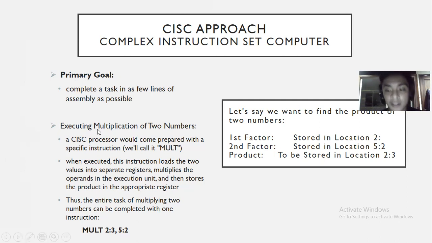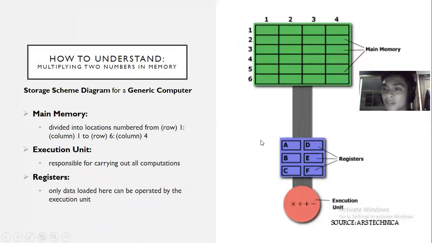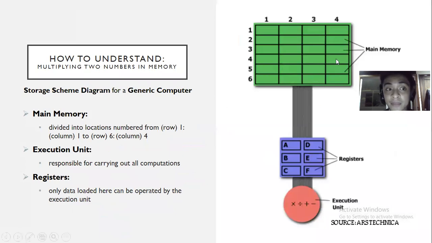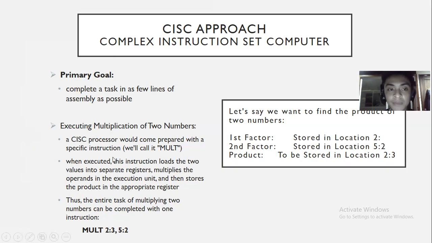But first, why do we have to understand the storage scheme diagram? One way to explain the major differences between CISC and RISC is by executing the multiplication of two numbers using this diagram. A CISC processor would come prepared with a specific instruction.